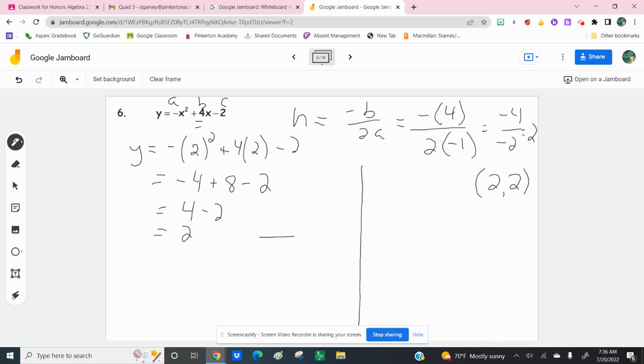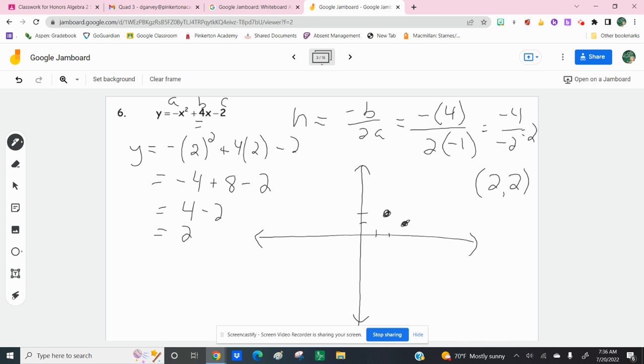I can now graph this. Again, should be on graph paper. I'm going to go 1, 2, 1, 2. So my vertex is right here. I'm going to plot the other points from that vertex. I know that it's going to open down because that's negative. So I'm going to go over 1, down 1.